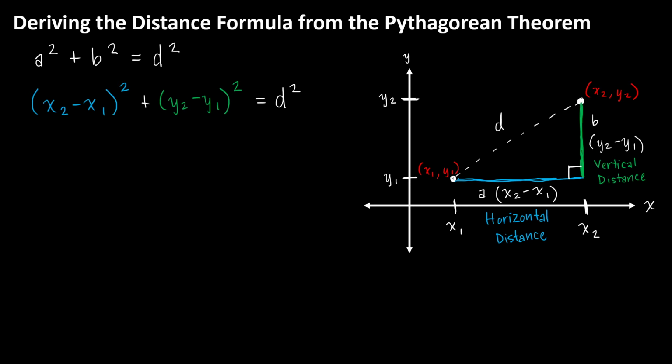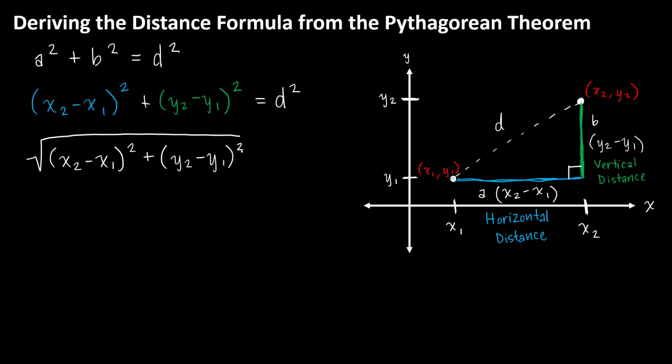To get d by itself, to find the actual distance, remember we need to take the square root of both sides. So the square root of x2 minus x1 squared plus y2 minus y1 squared is equal to d.